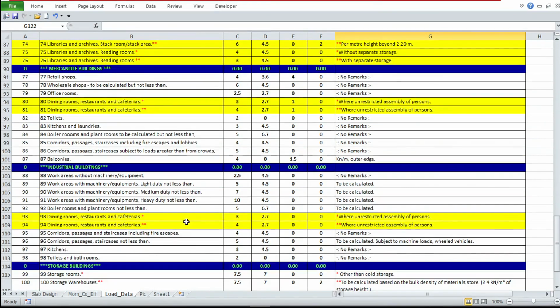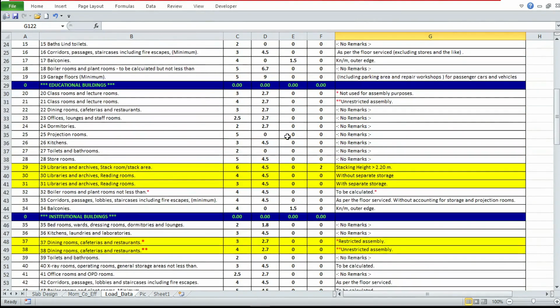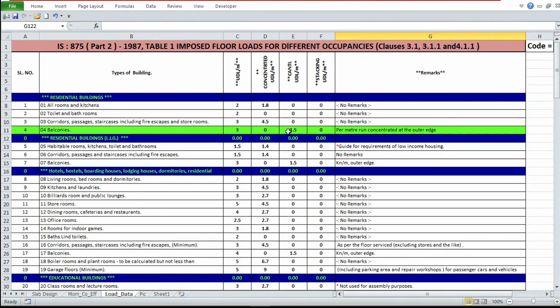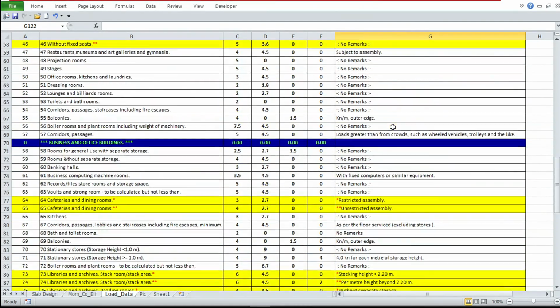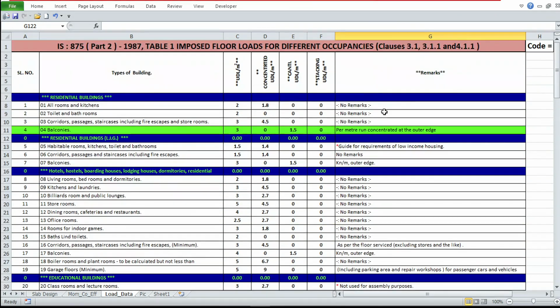And this long chart is from IS 875 part 2, 1987 chart. Here I have given UDL, concentrated load, cantilever load, stacking load. And this is residential building, all room, kitchen, toilet.